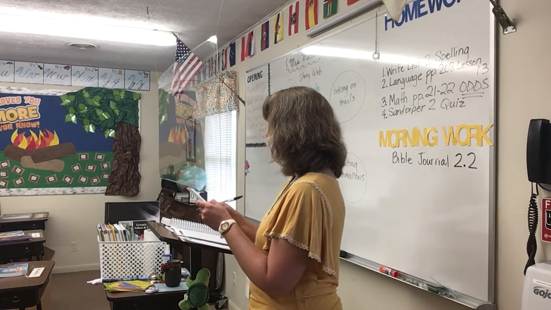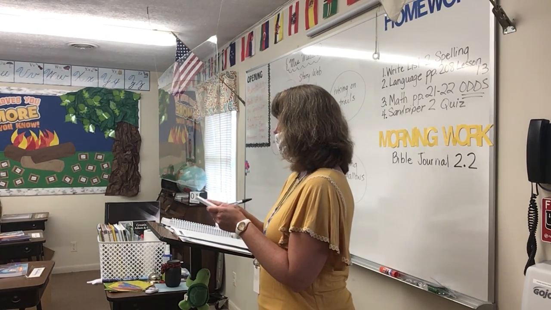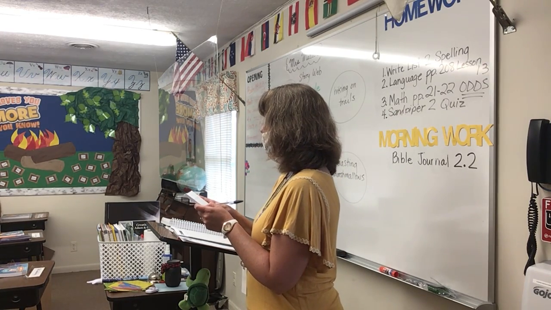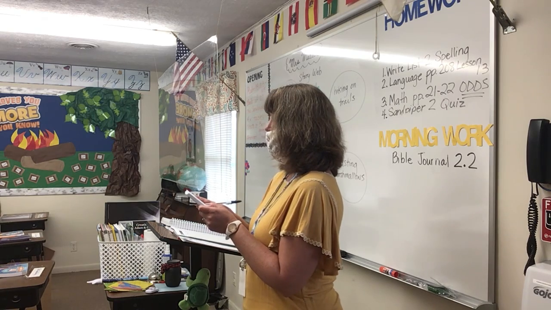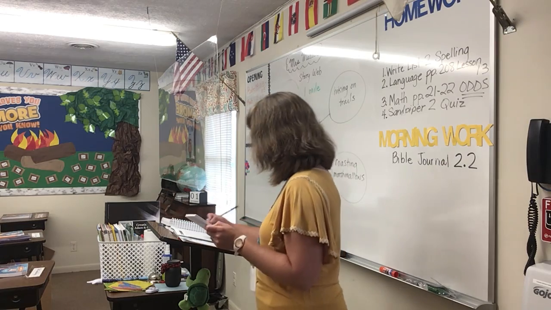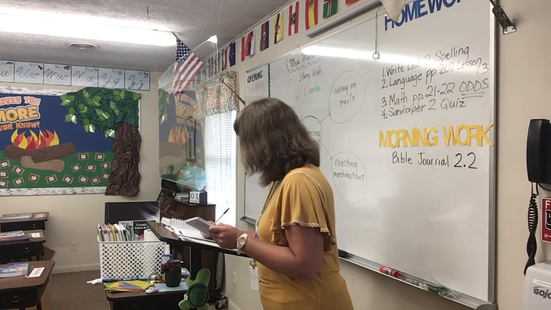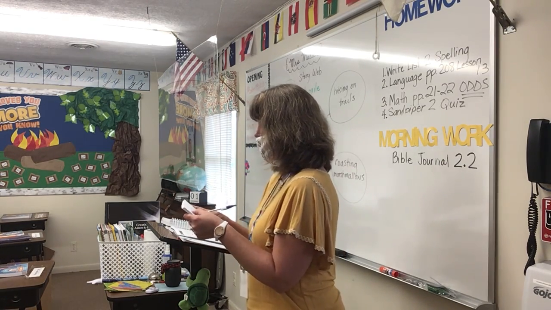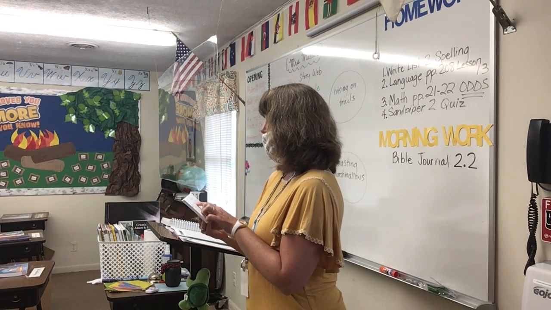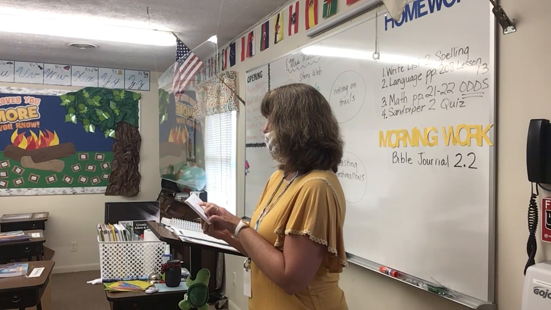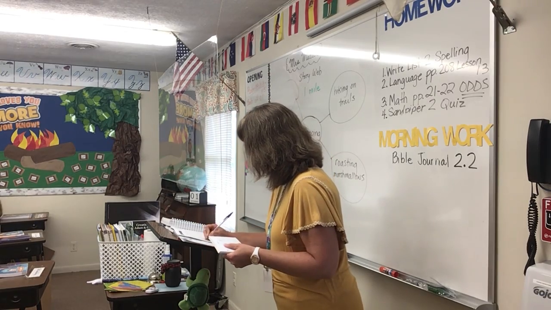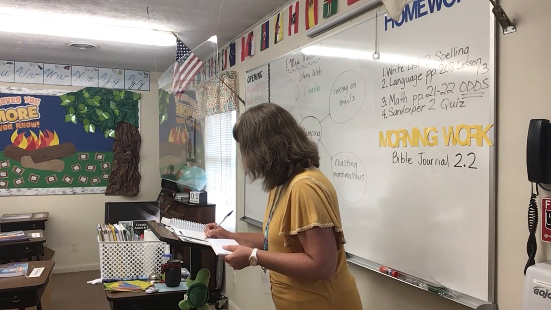Okay, next. 7 plus 4 times 1 minus 3 equals. 8. Next. 2 times 5 minus 2 plus 1 equals. 9. All right. Okay. Row 4.